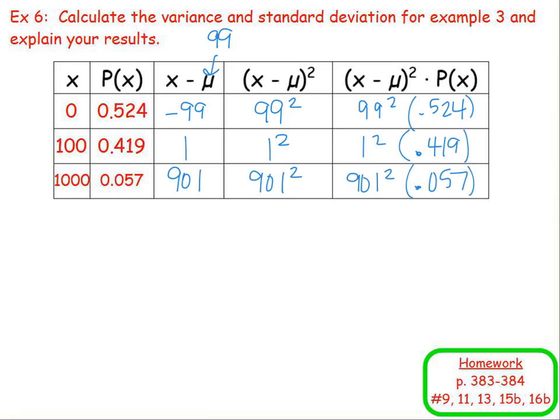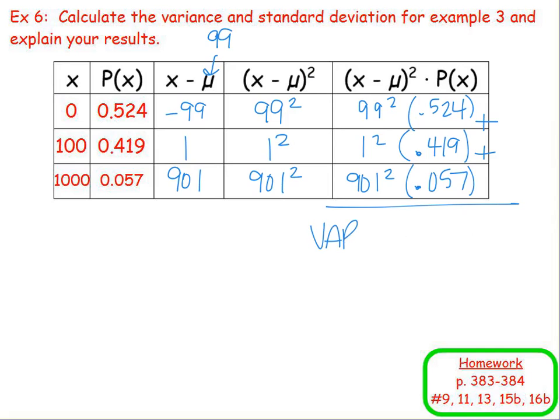And yes, all of the stuff that I'm writing down right now is what I want to see you write down. So now pick up your calculators. 99 squared times 0.524 plus 1 squared times 0.419 plus 901 squared times 0.057.